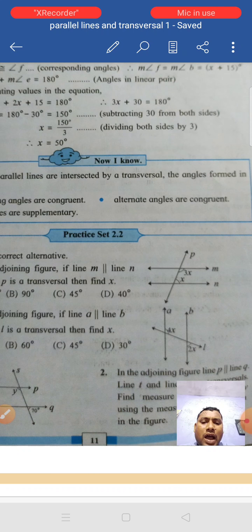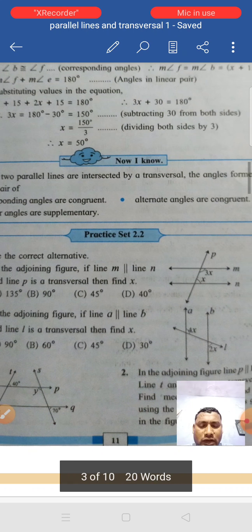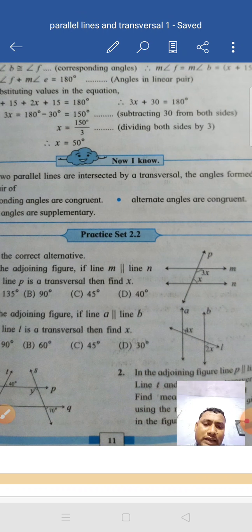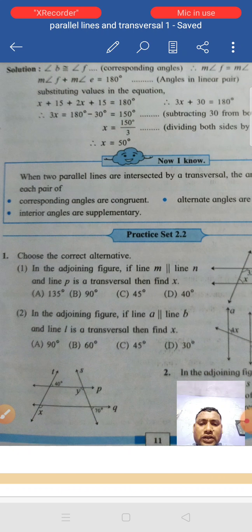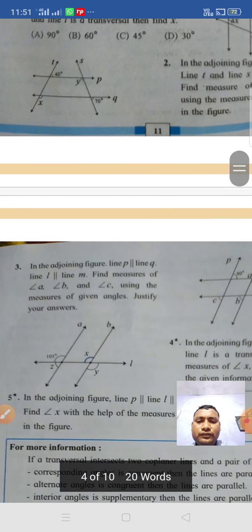A and B are the parallel lines and line L is the transversal, and we have to find the value of x. Look here, one of the angles is given as 4x and the second angle is given as 2x. So the options are: A equal to 90 degrees, B equal to 60 degrees, C equal to 45 degrees and D equal to 30 degrees. Now we'll see how to solve this question.